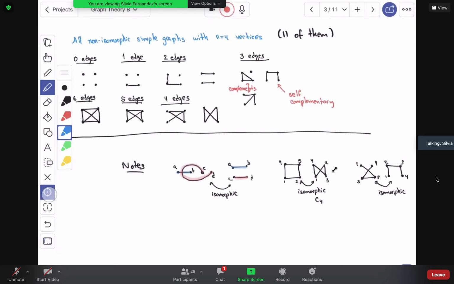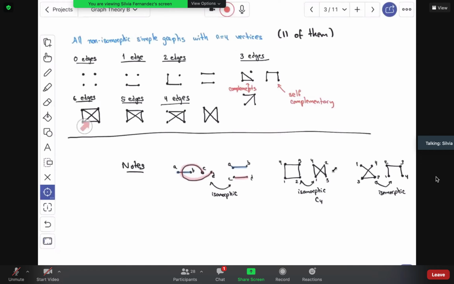And here in my notes, I was just telling you how we really have them all with just some examples. Here I'm actually showing that these two are isomorphic by giving the labeling. So it's, excuse me, it's not that it has an isomorphism, it's just that it's not isomorphic with any of the other things that we derived?